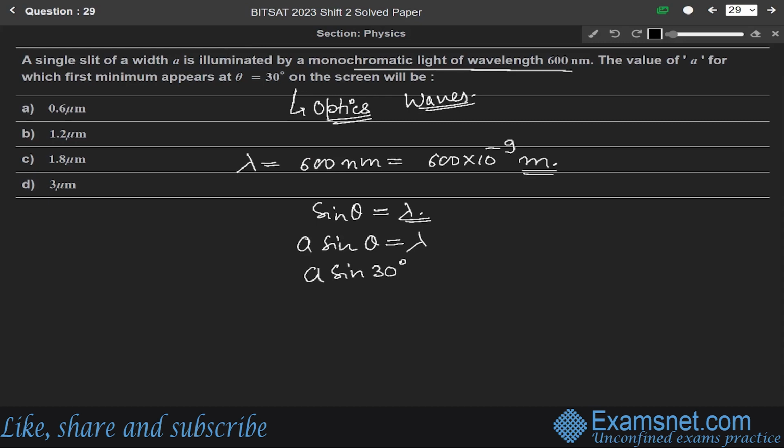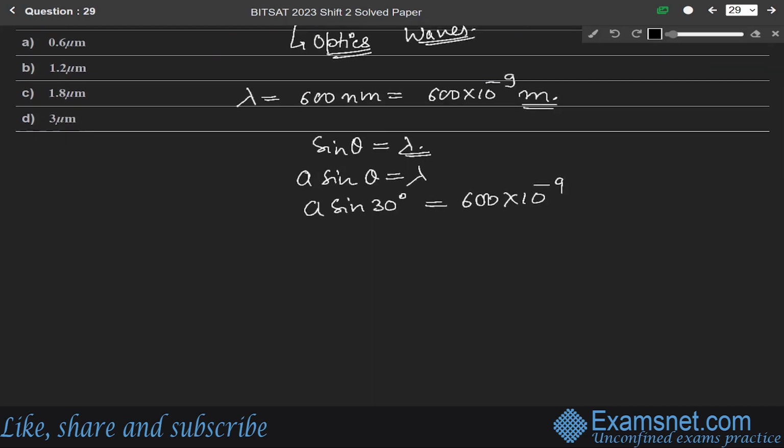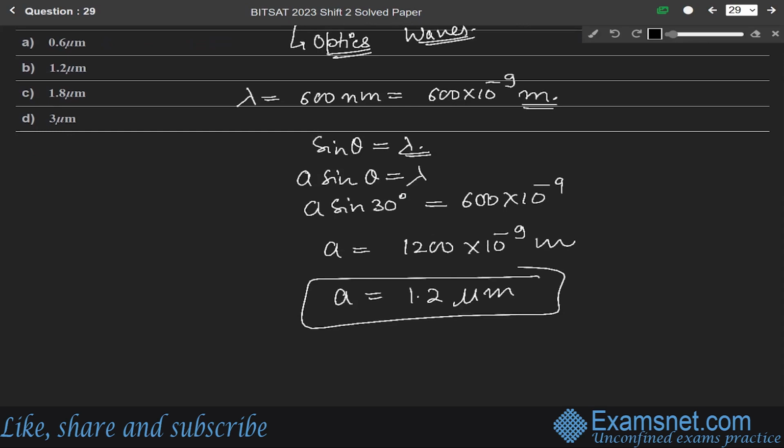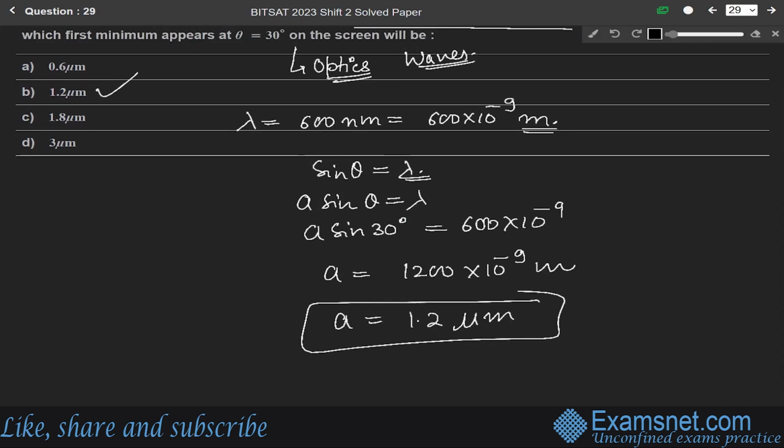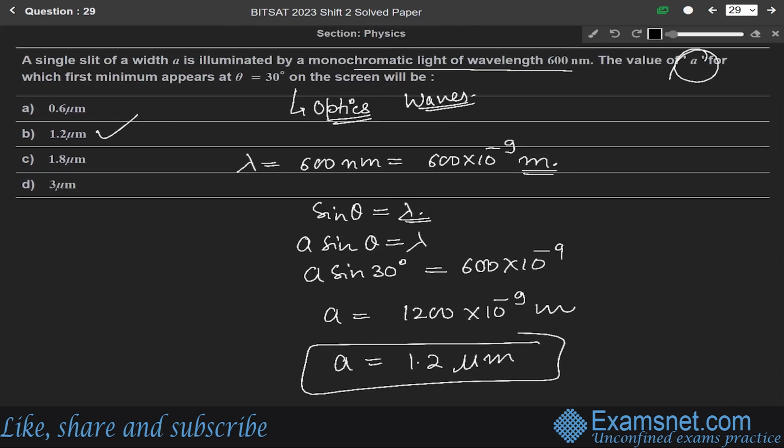So A sine 30 will be equal to lambda, means 600 into 10 to the power minus 9 meter. So A will be equal to 1200 into 10 to the power minus 9 meter. Means A is equal to 1.2 micrometer. This is the desired answer. Means option B is the correct answer. Means the value of A is 1.2 micrometer.